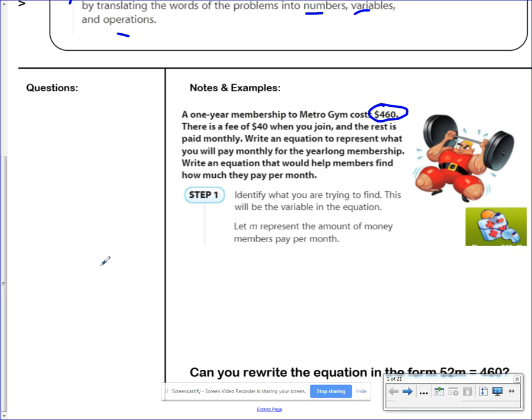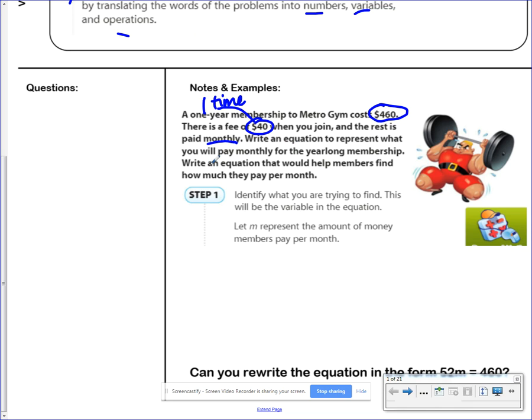I'm going to circle that because I have a feeling that number's important. There's a fee of $40 when you join. So this is just a one-time $40 fee when I first sign up, and the rest is paid every month. Write an equation to represent what you will pay monthly for the year-long membership. Write an equation that would help members find how much they pay per month.